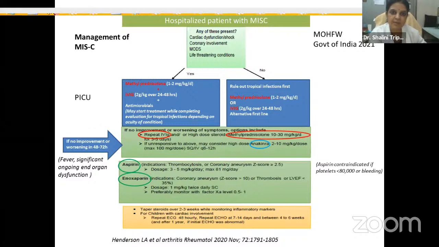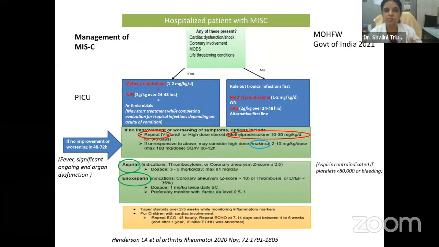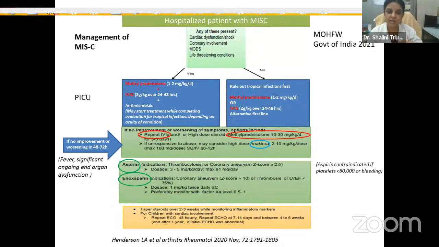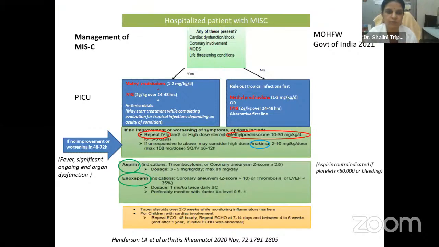If any one of these is present, then we have to treat this patient immediately. We send the tier 1 and tier 2 tests and start anti-inflammatory treatment, giving both anti-inflammatory agents at the right time without any delay, because if we delay, it will change the outcome of the patient.